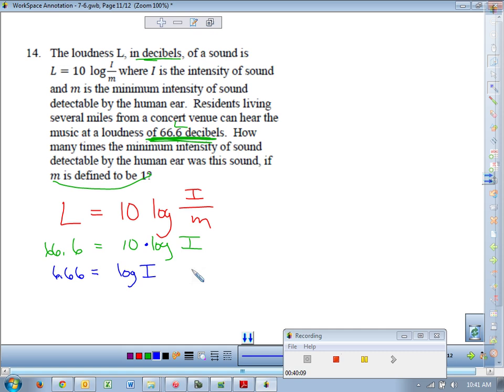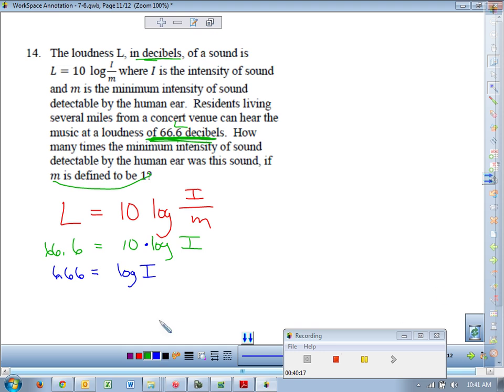And now what do you do when you've got all the logs on one side and all the constants on the other side? How do we solve these equations? Do the logs just disappear? No, because they're not in every term. But we'd like to make the log disappear. I want to get rid of it from logarithmic form and put it in exponential form.